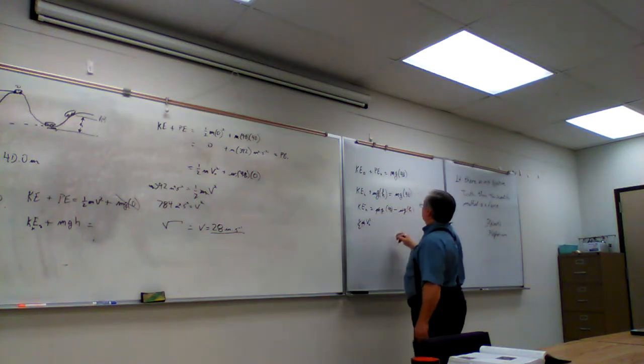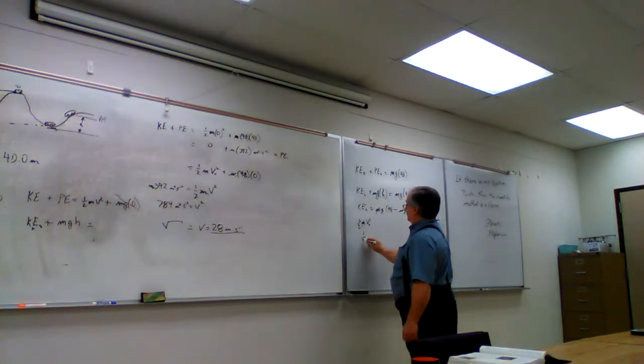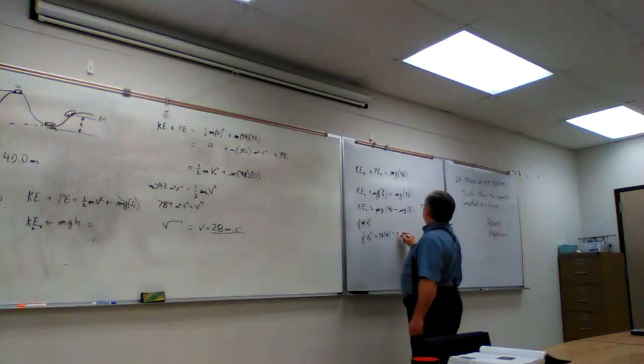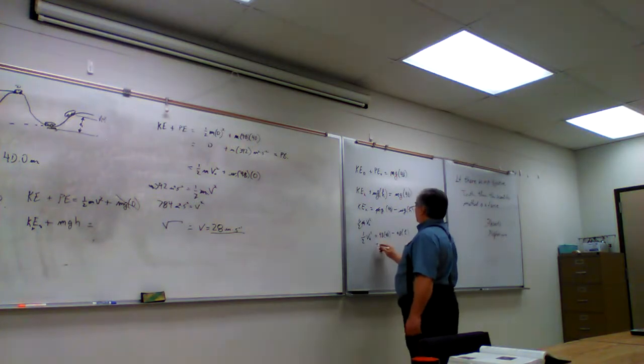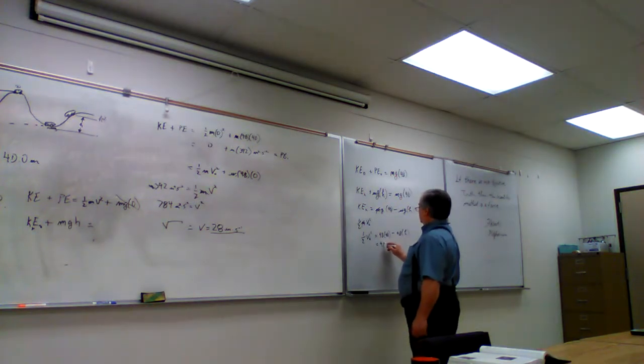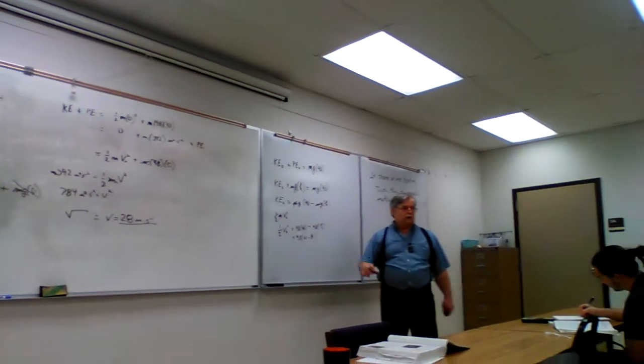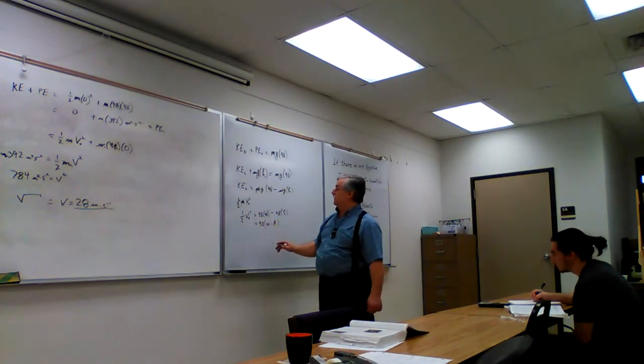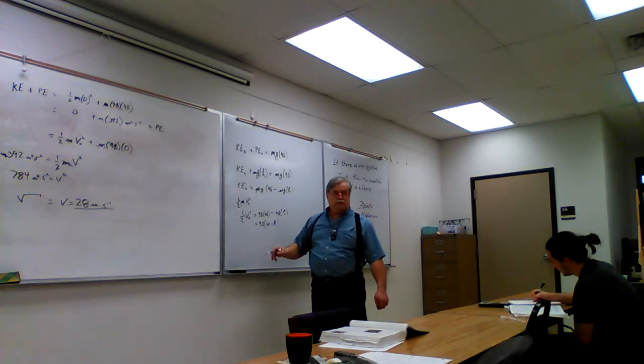Now we can cancel out the masses, and we've got 1 half velocity at h squared is equal to 9.8 times 40 minus 9.8 times h. Now, when we solved for h it was 10, but what we're actually looking for is 40 minus h, which is 30.